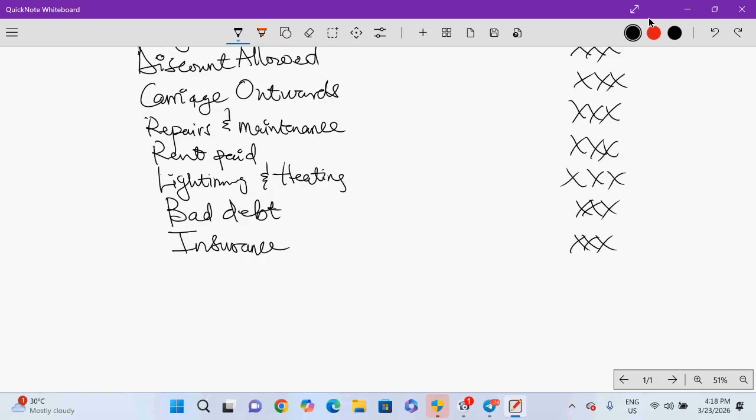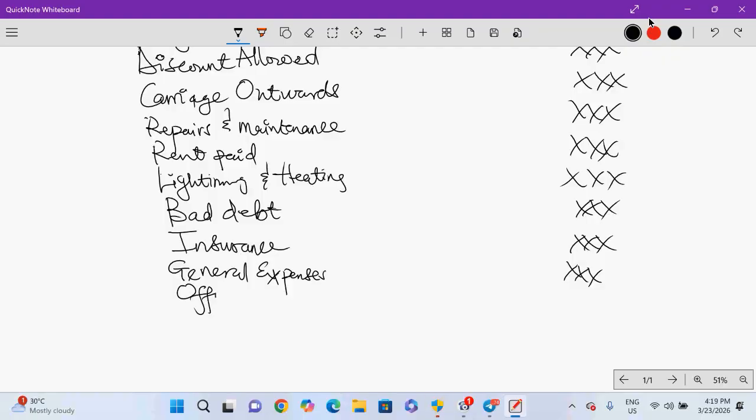And also, as and when you solve a question, you will see general expenses, which means any other general expenses.